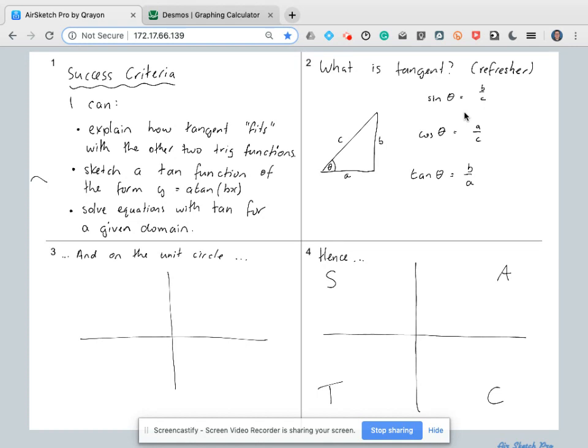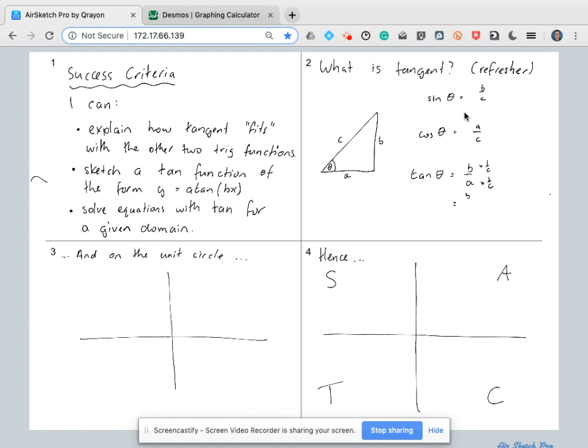Now, C is the hypotenuse. I just want to show that according to right angle trigonometry only, if I multiply top and bottom by 1 over C, I know that's pretty small on your screen, but I hope you can see that. I'm multiplying the top and bottom of that fraction by 1 over C. This is an equivalent fraction.